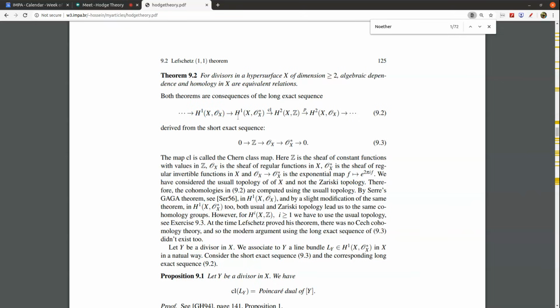So in some sense, we will conclude that two line bundles are the same if and only if their Chern classes are the same. And again, just to mention that the end part of the proof is not so difficult.